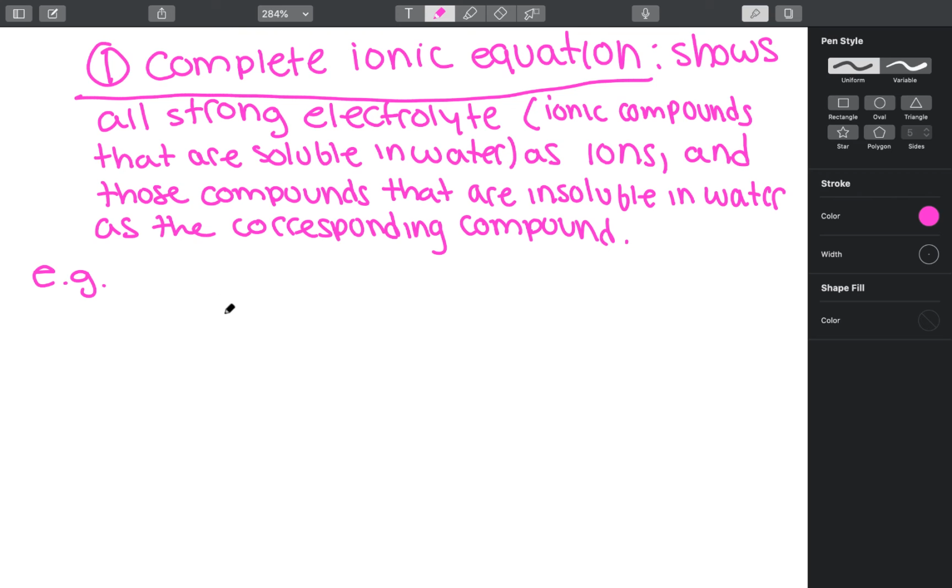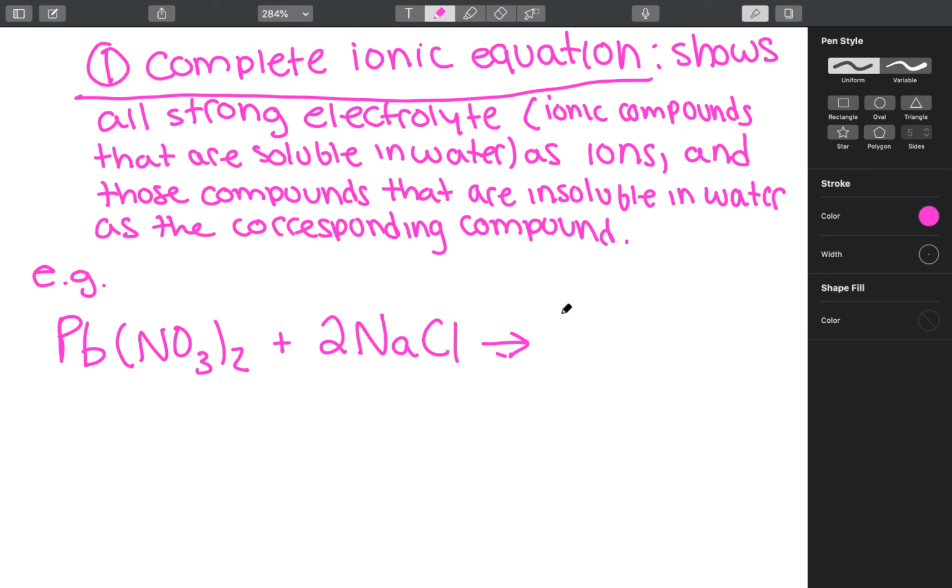And we'll look into this reaction. So we have lead nitrate plus 2 sodium chloride compounds, which goes into 1 lead chloride and 2 sodium nitrates.